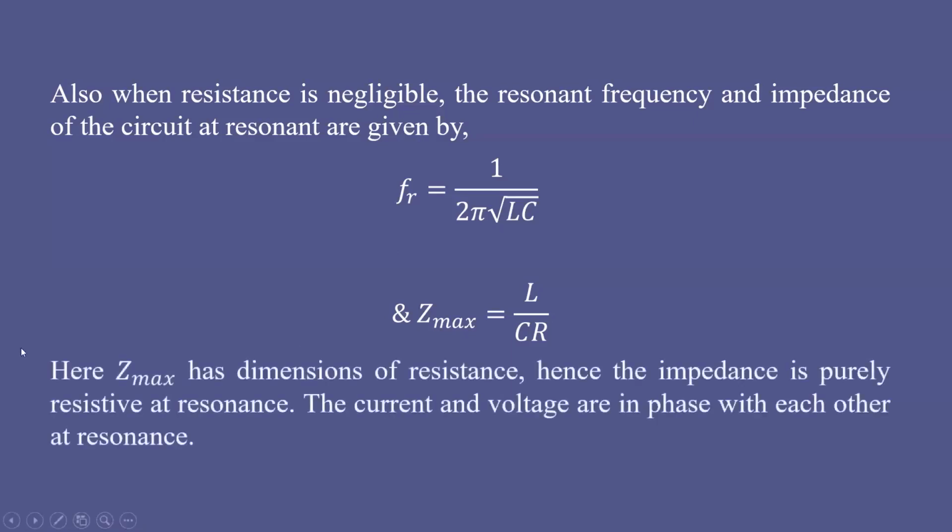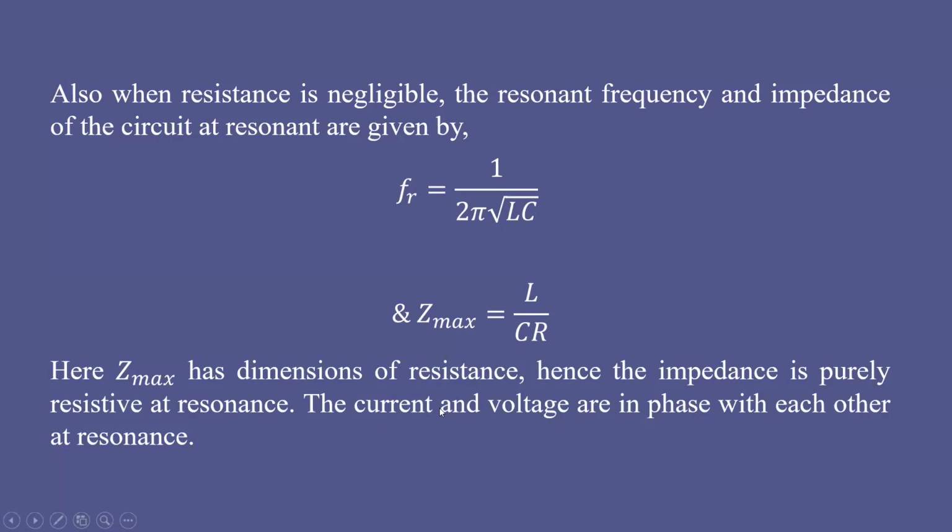Okay. Here Z max has the dimensions of resistance and hence the impedance is purely resistive at resonance. The current and voltage will be in phase with each other at resonance.